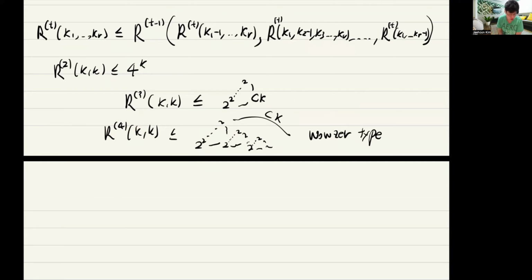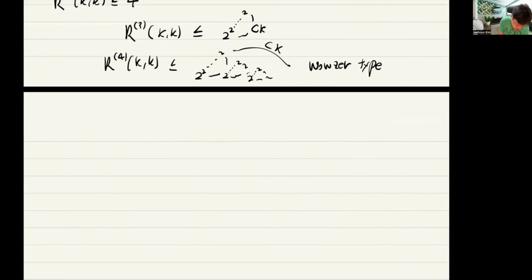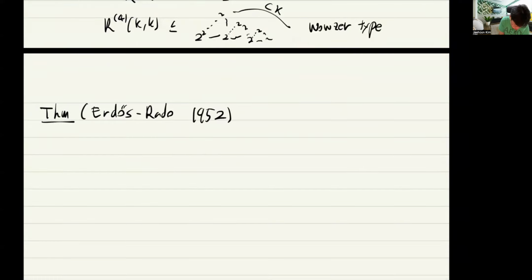Okay, but would it be true? Would it be necessary? Actually, it's not. So Erdős and Rado in 1952 found a better upper bound, say for t at least 3 and r at least 2, and say k_1 to k_r are all bigger than t.